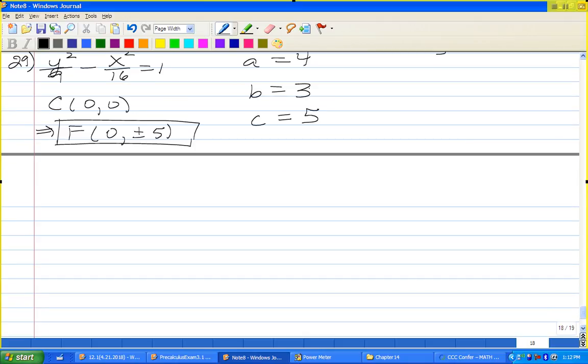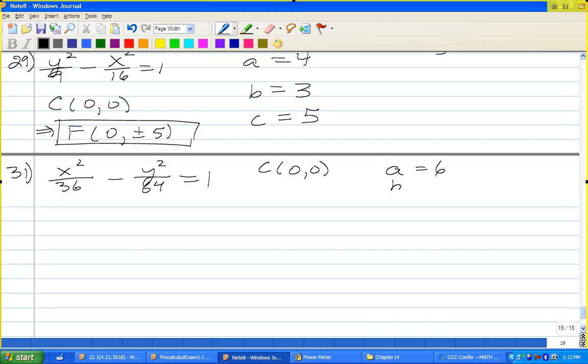31. X squared over 36 plus y squared over 64 is 1. So the center of your ellipse is at the origin.